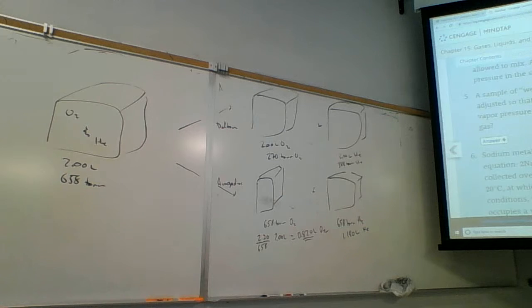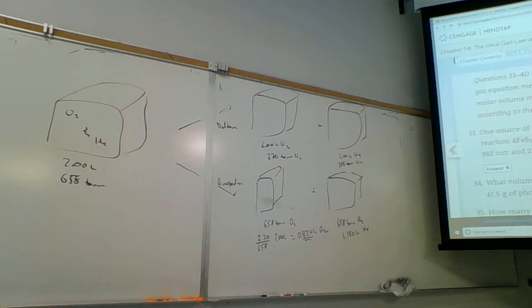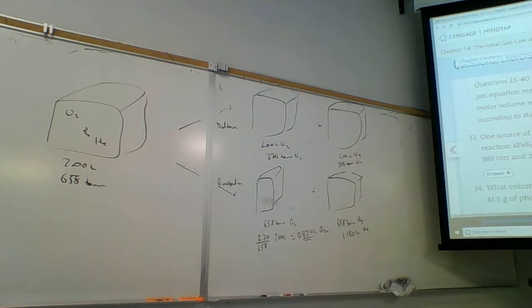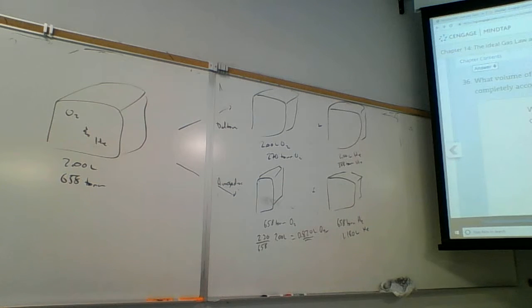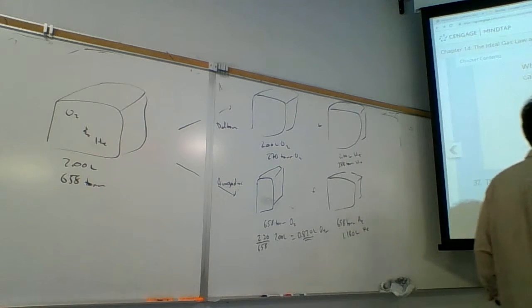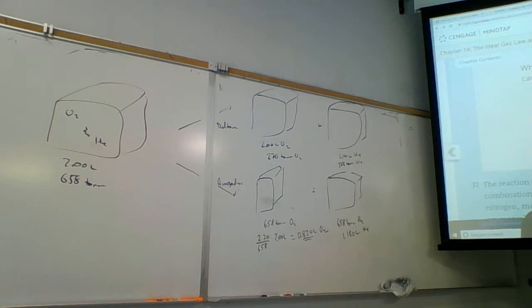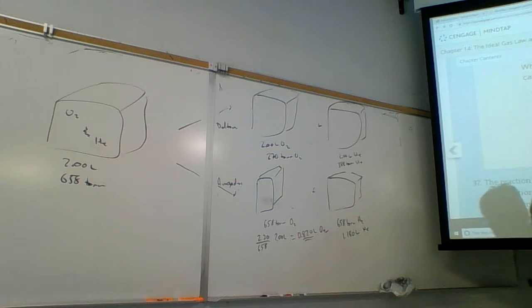Number 5, a sample of wet hydrogen was collected over water. Let's take a look at that figure. The hydrogen is being generated in this reaction. It's going up here, and then it's being bubbled up here and collected in this jar.